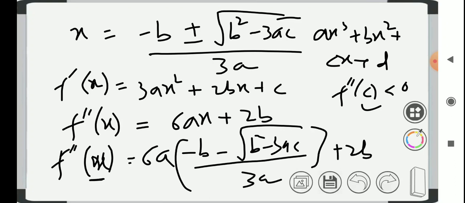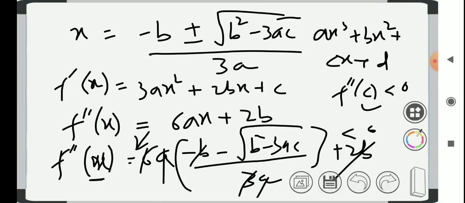Then 6a times that plus 2b: the 3 and a will cancel with the 6, and minus 2b and plus 2b will cancel. What remains is always a negative term, because the square root function has a positive range, and minus times it will always be negative. Therefore this point is a point of maxima. The value for which x is minimum, we will get a point of maxima.